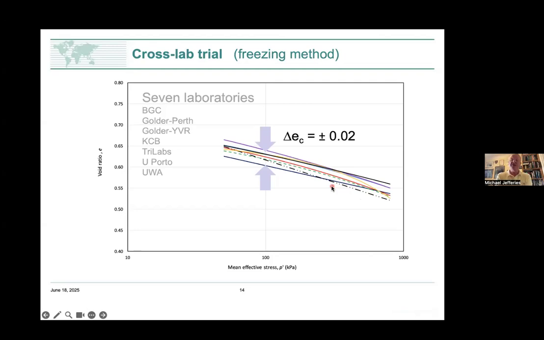The people who did not use freezing got results that were everywhere. And interestingly, the worst university in terms of predictions was Berkeley, who refused point blank to use freezing, and their method was all over the map. But if you use this freezing technique as an industry, we can get repeatable results between laboratories.